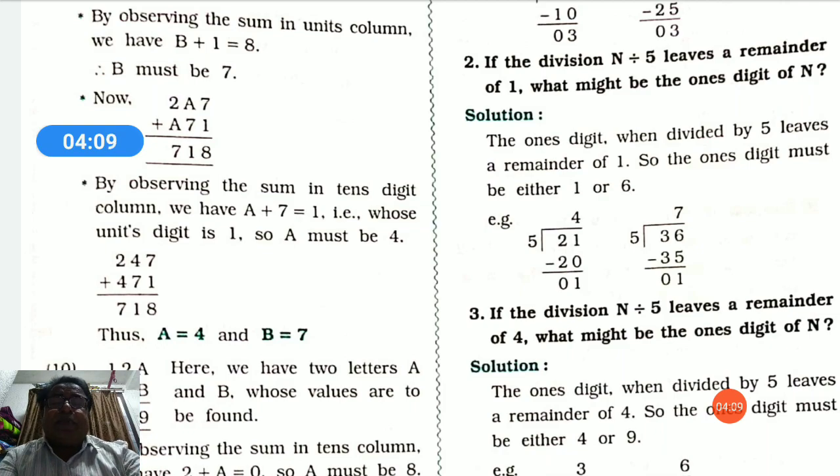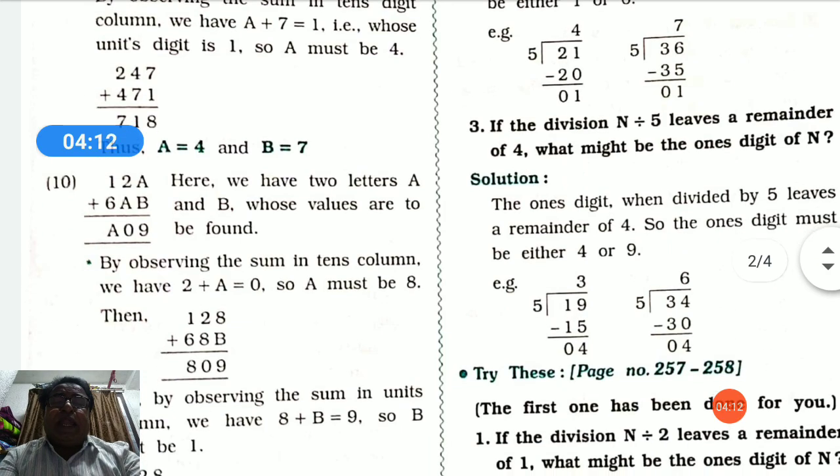Now next example 12A plus 6AB, answer is A09. Here we have 2 letters A and B whose values are to be found. A और B का वैल्यू हमें फाइंड आउट करना है। By observing the sum in tens column, we have 2 plus A is equal to 0.